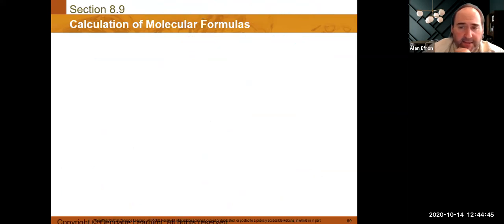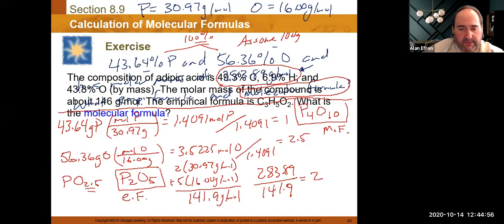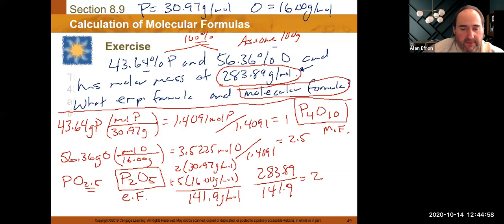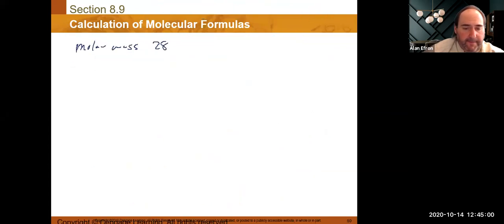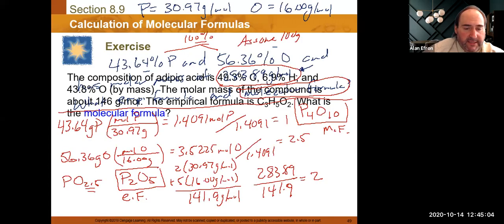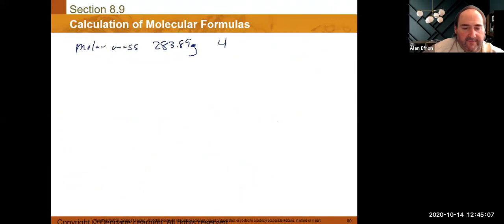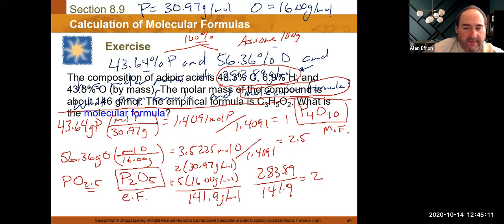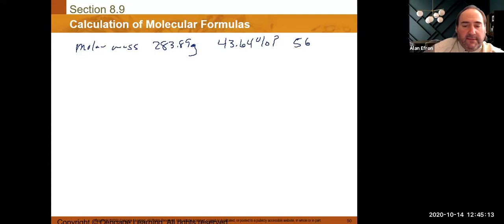if we take that information that we had, which was the molar mass of the compound, 283.89 grams, and we know that the percentage was 43.64% phosphorus and 56.36% oxygen.